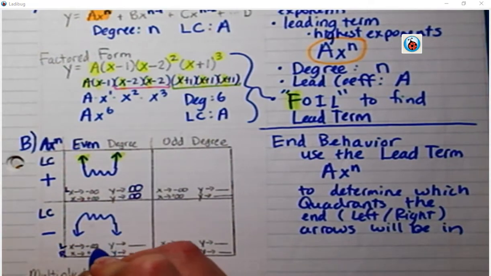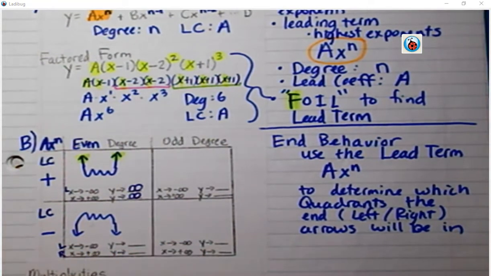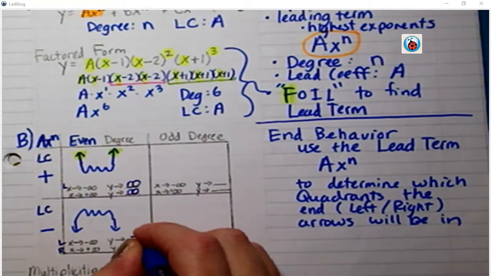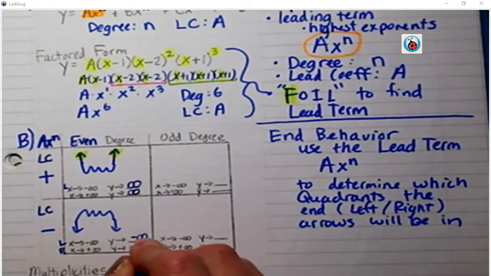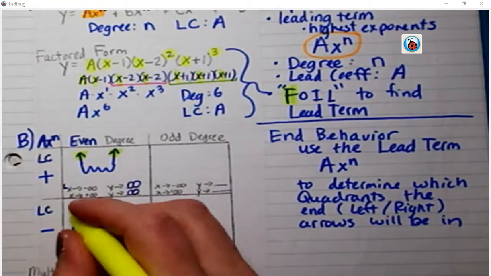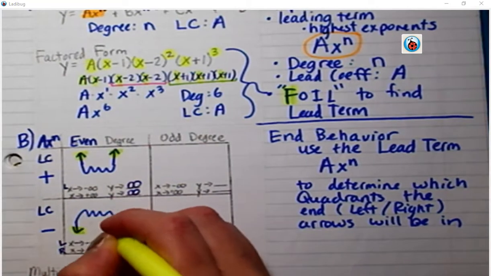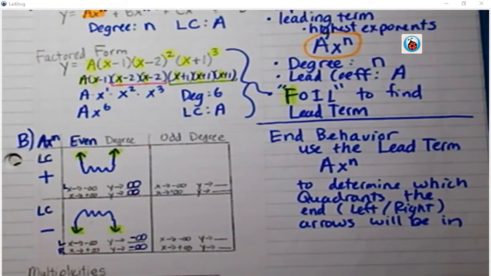X negative infinity is the left side and down. X to the right side on this picture is down. So this end behavior, I am looking at the arrows. That's what I'm doing. It's not the middle of the graph. It's the end of the graph.